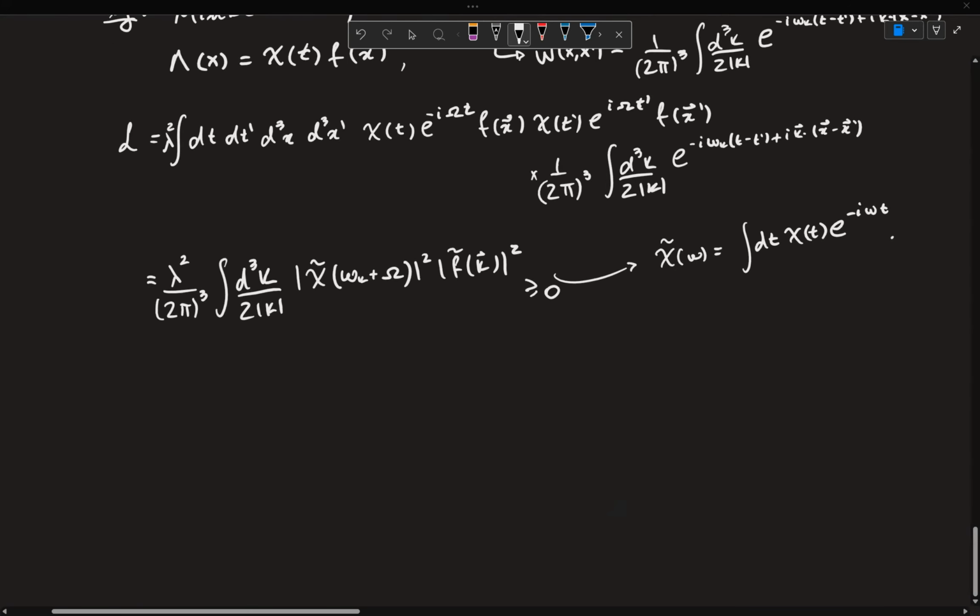Nice. And what's also cool about this is that you can actually solve this thing analytically for a couple of cases. So I'm just going to write down the result in the case where you pick Gaussians here.